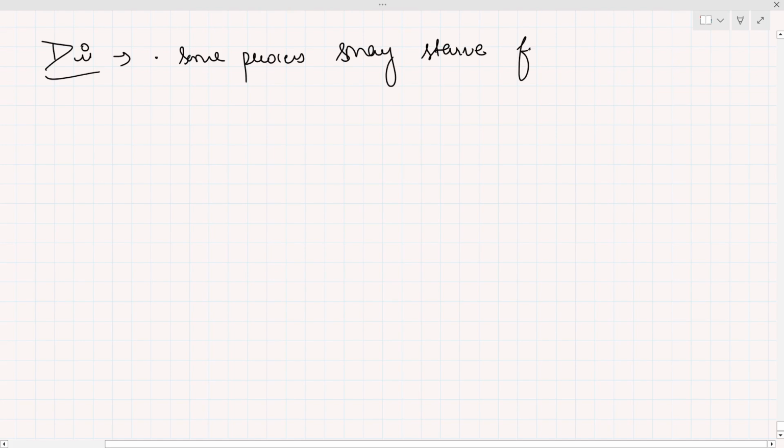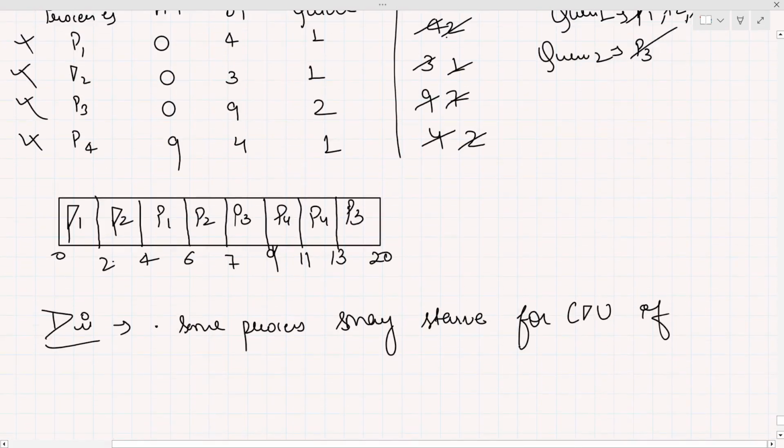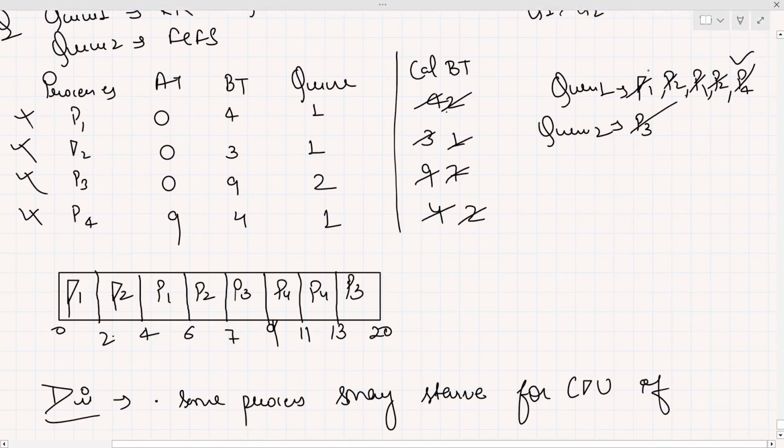Now let's talk about the disadvantages of this scheduling algorithm. Some processes may starve, for CPU. What happens if a highly prioritized queue never becomes empty? Say in Q1 there is always a process, so Q1 never becomes empty.